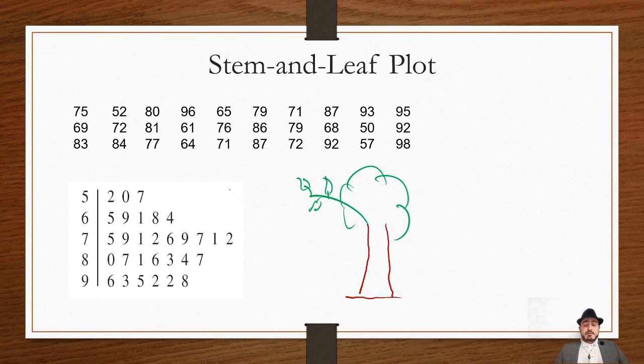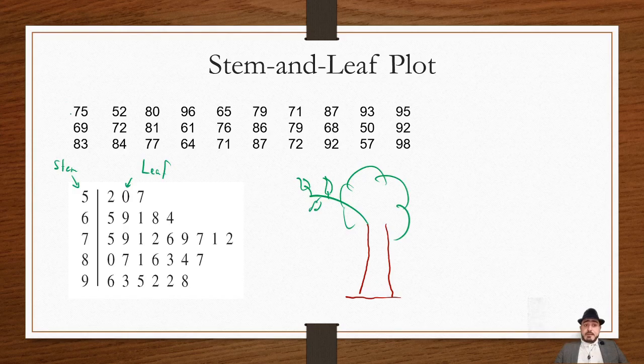So the stem and leaf plot is drawn using a vertical line that is going to divide each observation into two parts. The left side of the plot is going to represent the stem side, and the right side of the plot is going to represent the leaf side.